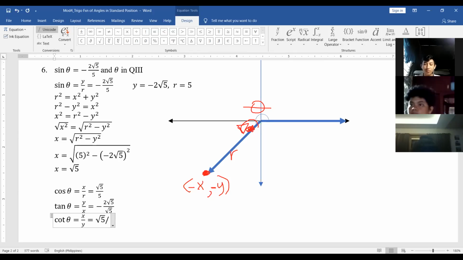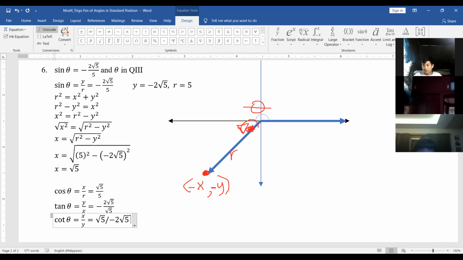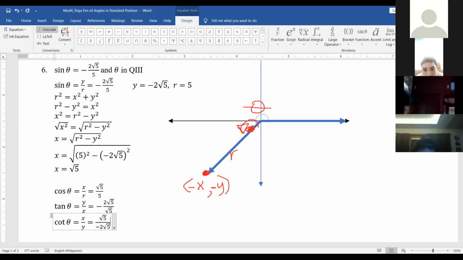Your y is equal to negative 2 square root of 5. Divide the square root of 5 by the square root of 5. The answer is 1. So that can be simplified as negative 1 over 2 as your final answer for cotangent.